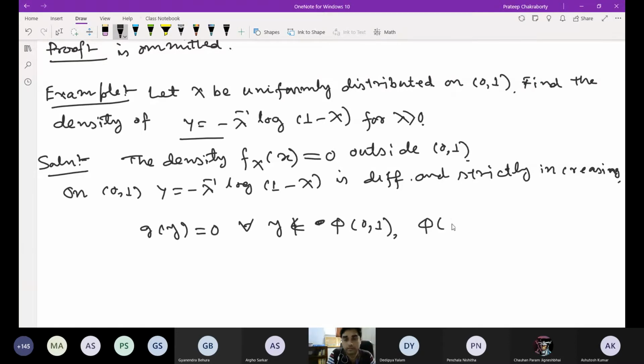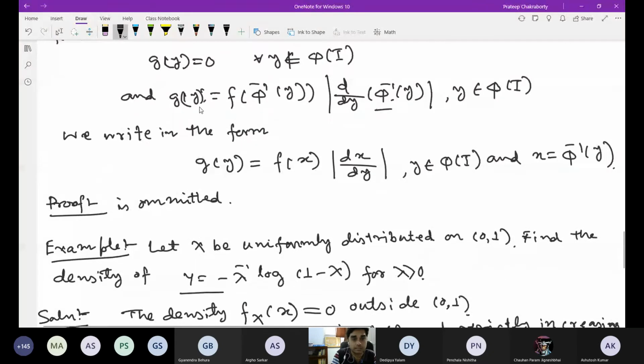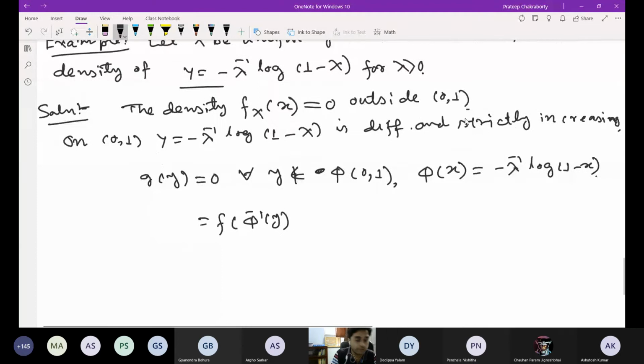Here phi of x is equal to minus lambda inverse log 1 minus x. And g of y is equal to f of phi inverse of y into mod d by dy of phi inverse of y. We're just using the previous theorem.